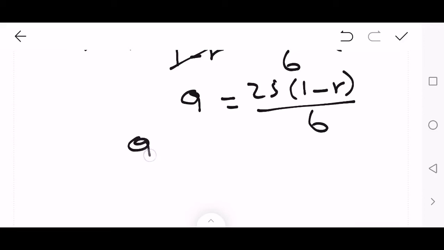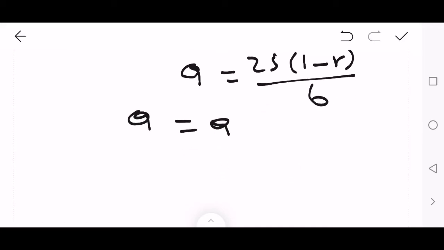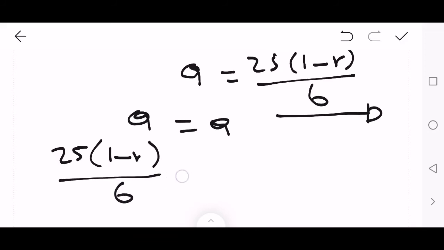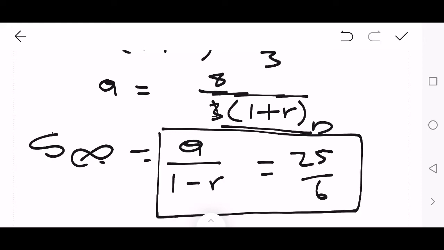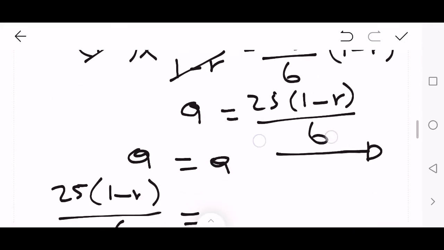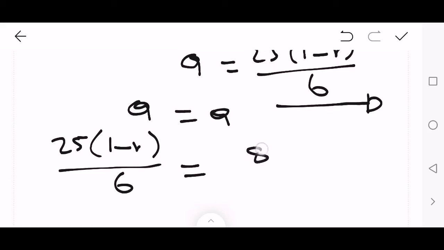So we can say a equals a, and our first a, which is this one, was 25, and you can choose either one, into 1 minus r over 6 equals our next a, which is this one, which is 8 over 3 into 1 plus r.